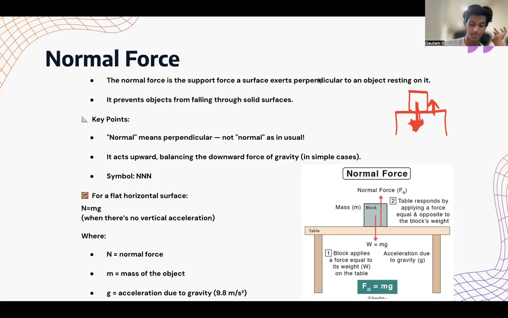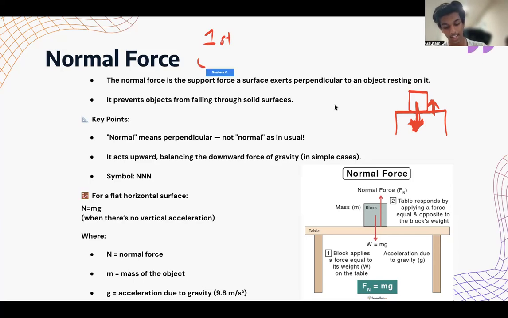Do you guys know Newton's laws? Newton has three laws. The first law is basically that an object will stay at rest if there's no force being applied to it, right?